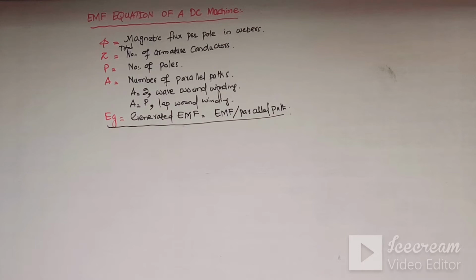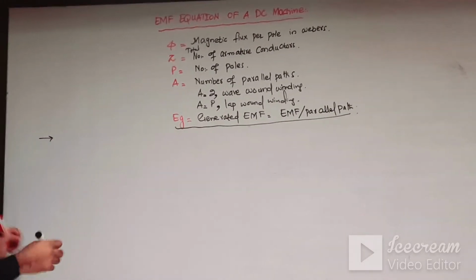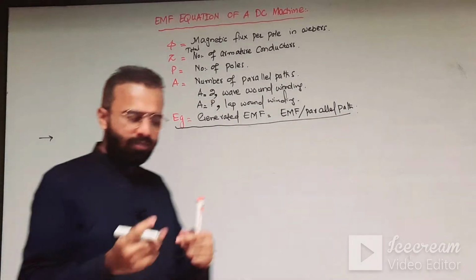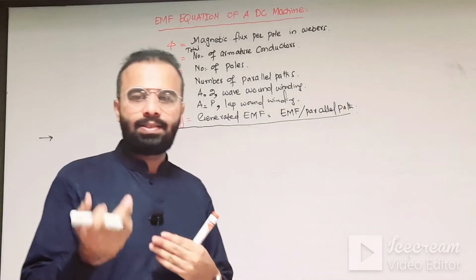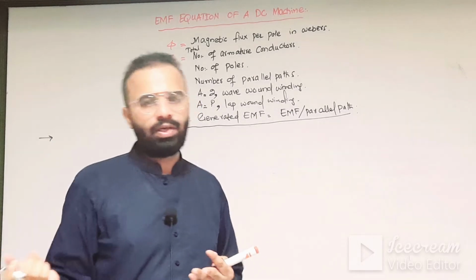According to Faraday's law of electromagnetic induction, whenever the flux linking with a coil changes, an EMF is induced in the coil, so that will be d phi over dt.